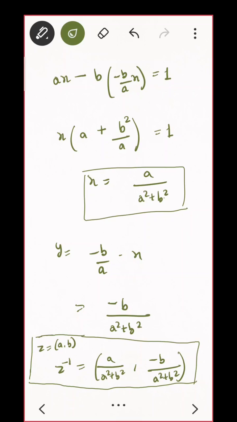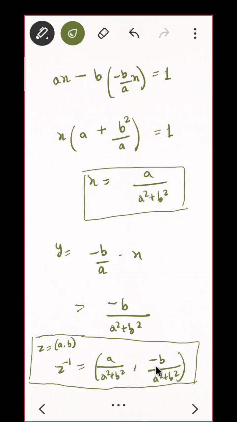What if your complex number is 0, that is 0 plus 0i, that is real part is also 0, imaginary part is also 0, what happens then? Yes, you see, inverse does not exist because in the denominator you will be having 0.